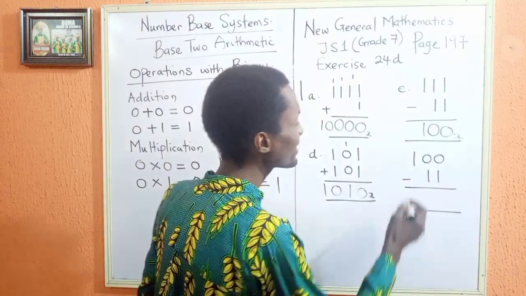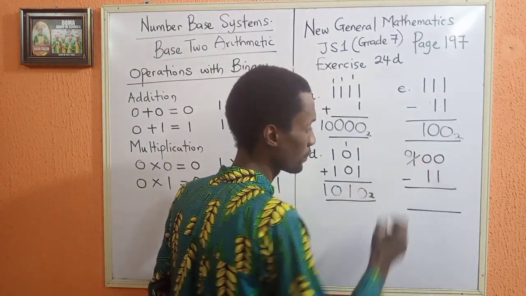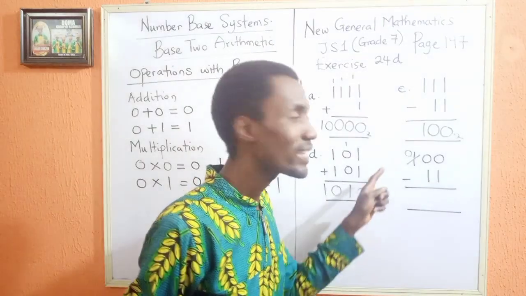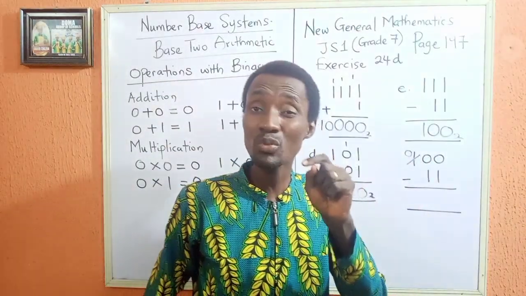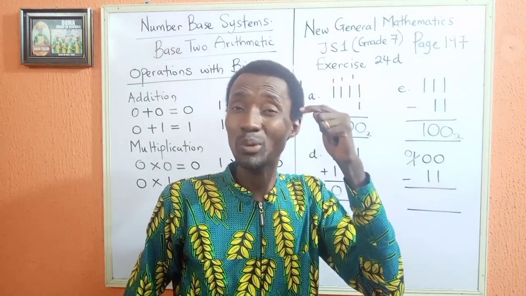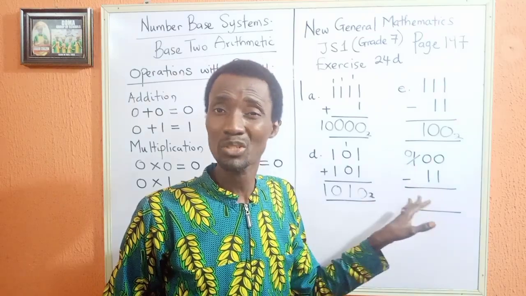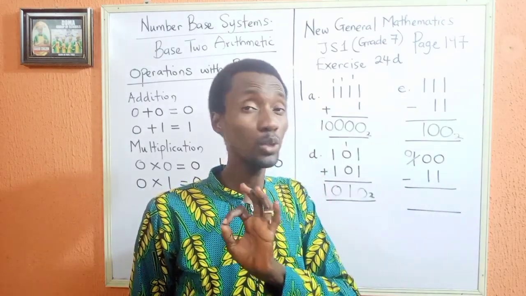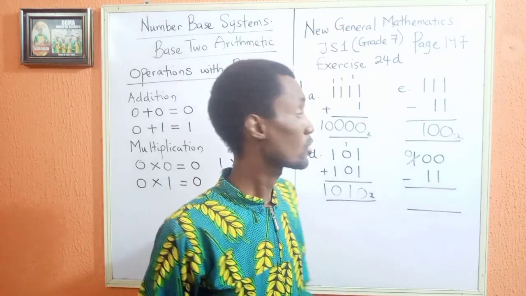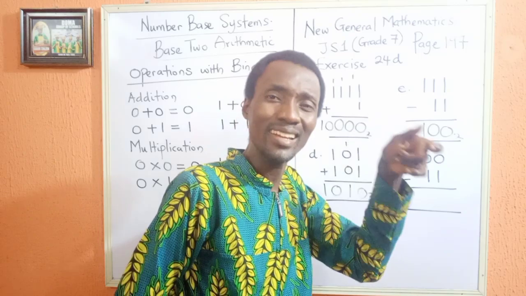Now, when I take 1 from here, this will become 0. That 1 I'm bringing here is actually 2. I insist children work as though they were dealing with base 10 when solving subtraction problems. It makes the understanding easier and you will not be penalized for that. So I switch to something I can relate with.